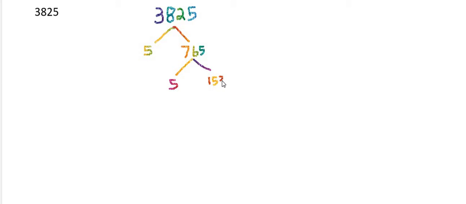We can work this out on the right side. When you divide 765 by 5, you get the factor 153, and you can see that 1 plus 5 plus 3 gives us 9.